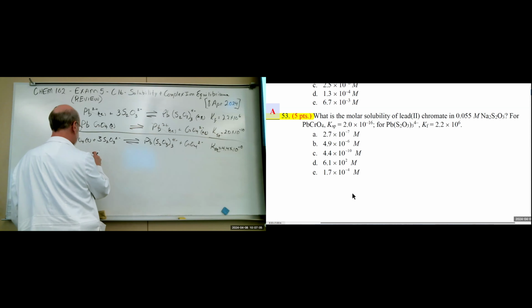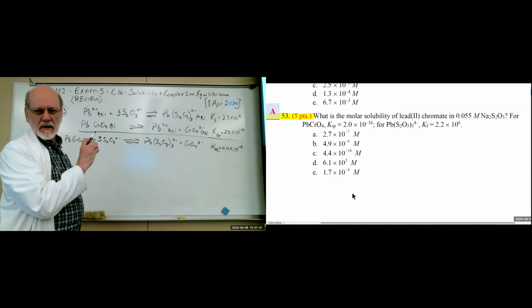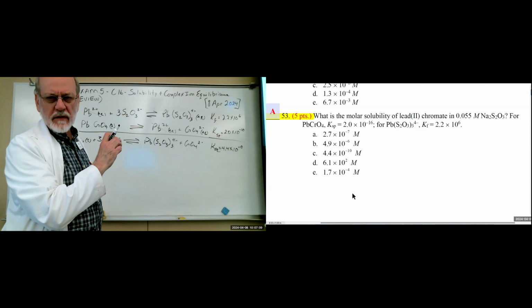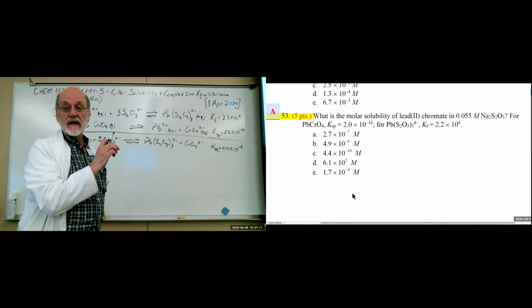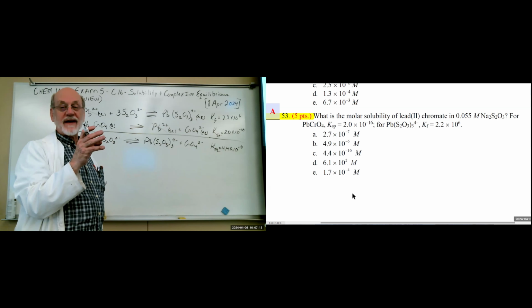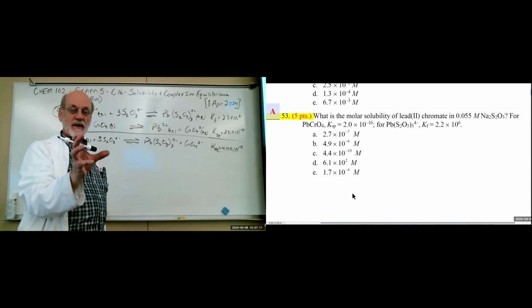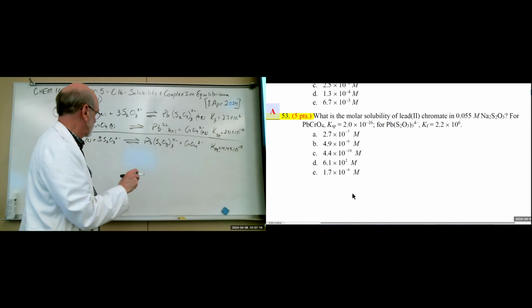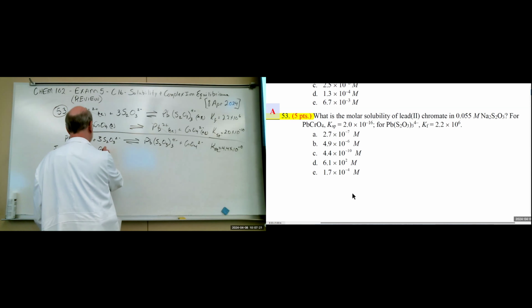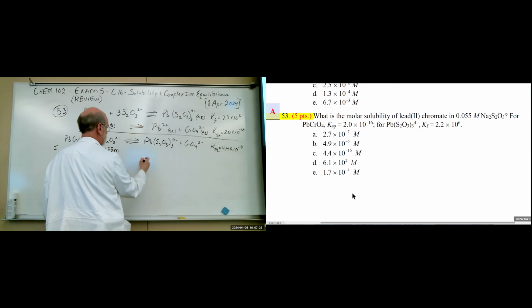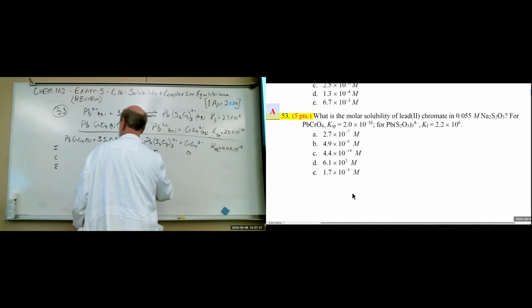So if we say that the concentration of thiosulfate is 0.055 molar, right? Because for every one of those compounds, you get 1 thiosulfate. So this is the initial concentration of 0.055 molar. And you got nothing here, nothing here.